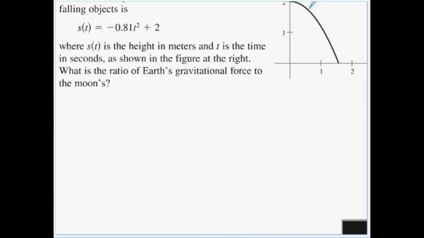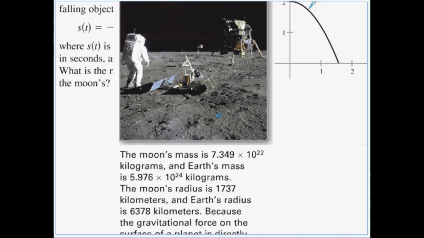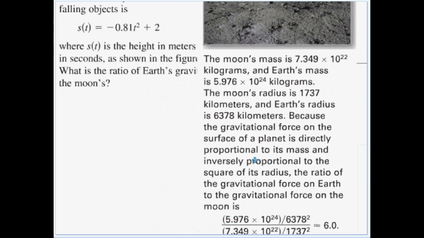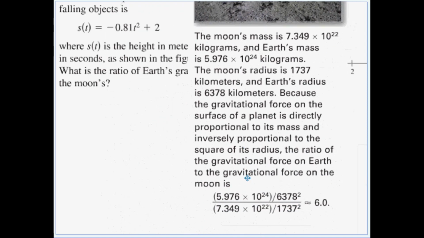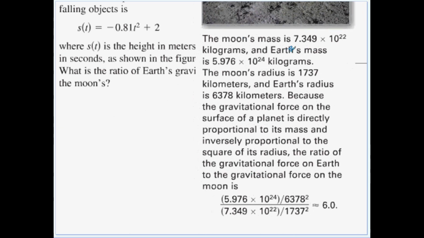And I see something down here. Here's a different way you could get to this using mass. The moon's mass, 7.349 times 10 to the 22nd power. Here's a good real-world application of scientific notation. That many kilograms. Earth's mass is 5.976 times 10 to the 24th, higher exponent, kilograms. The moon's radius is 1,737 kilometers.